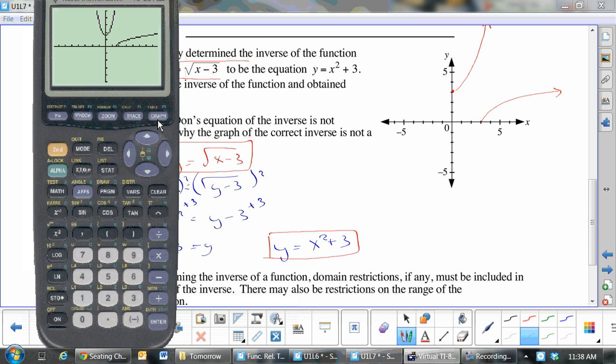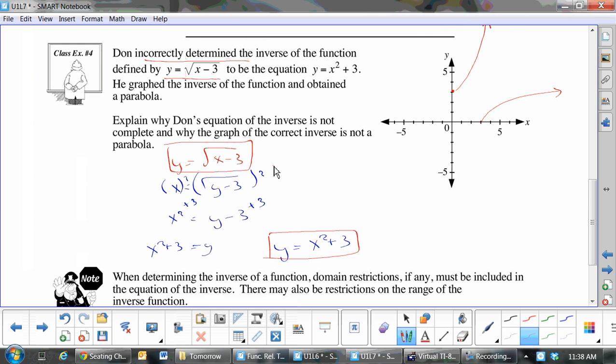Okay, so this is what you need to do. Whenever you find the original, you must find the domain and range. What's the domain of my original? X has to be greater than or equal to 3. The range?